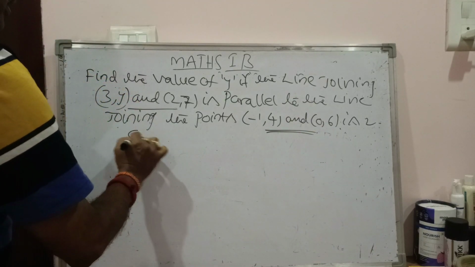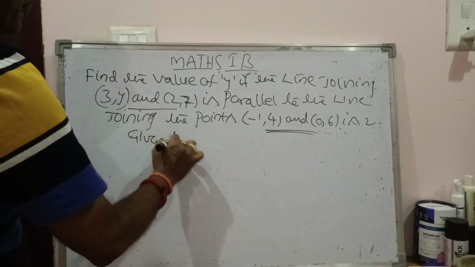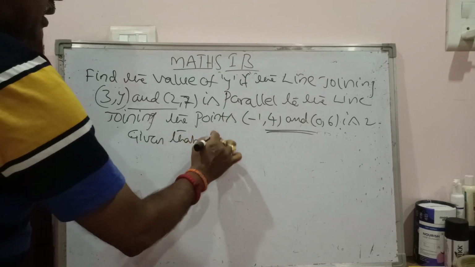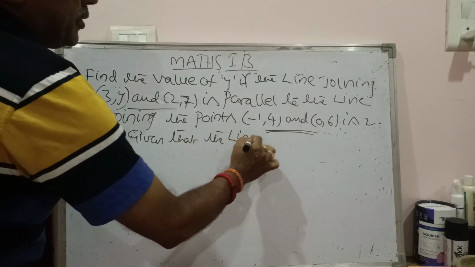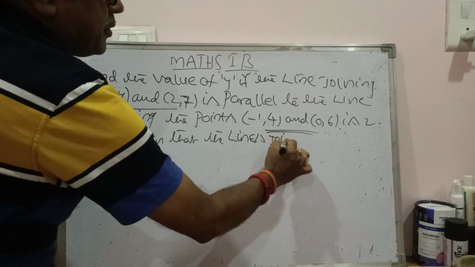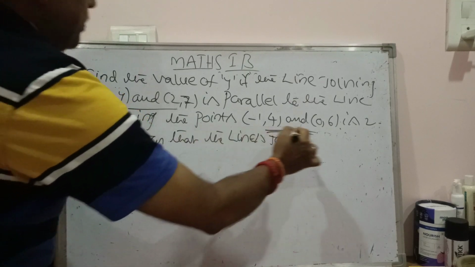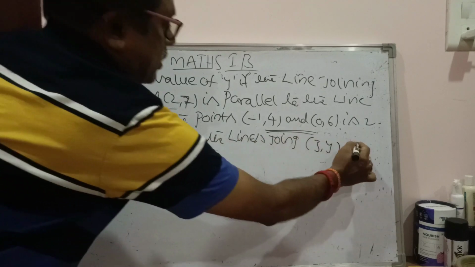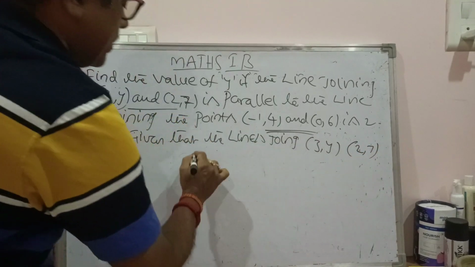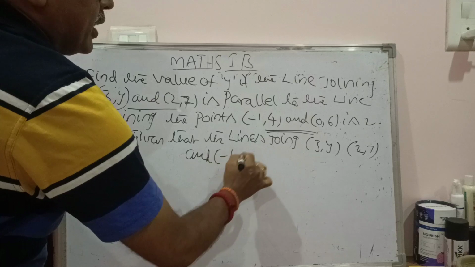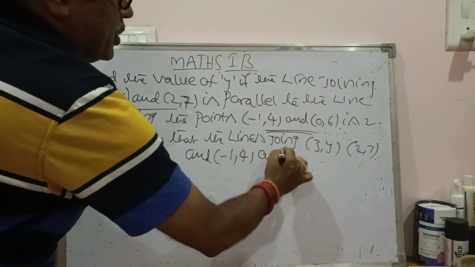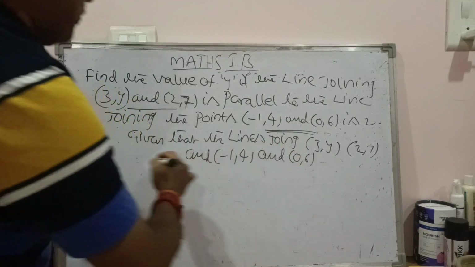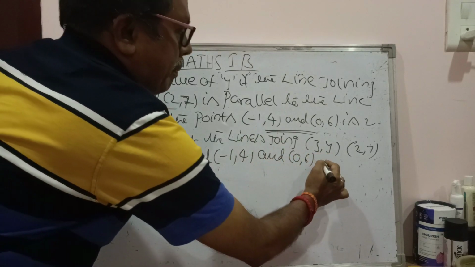Therefore, the lines joining (3, y), (2, 7) and (minus 1, 4), (0, 6) are parallel.